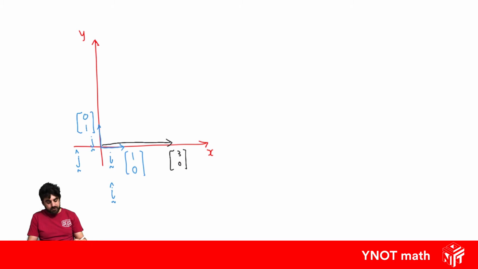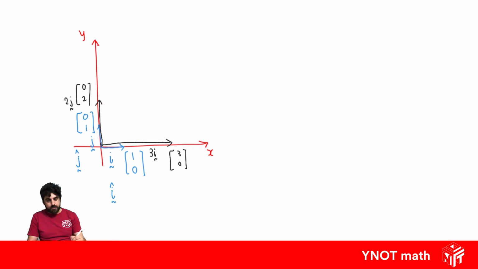If we did the same thing with j by a scalar quantity of 2, it would now be up here with a column matrix of 0, 2. This one could be represented with 3i, because you're just multiplying by a scalar, and this one 2j.